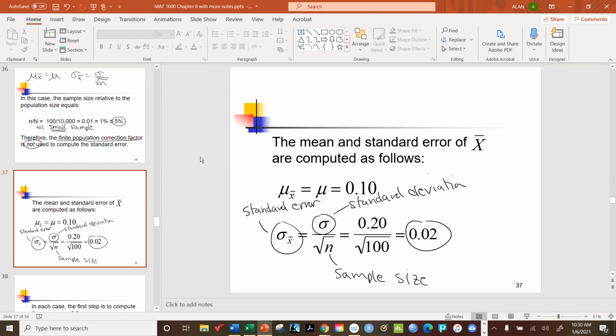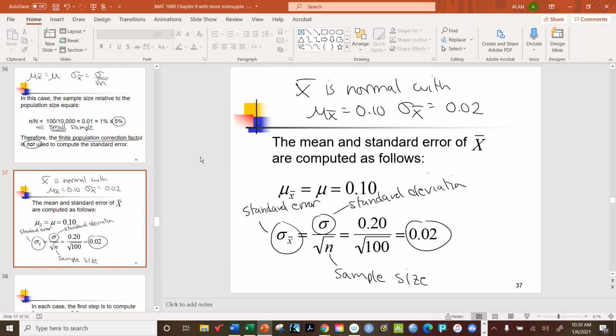All right, well now we know that X bar is normal with a mean of 10% and a standard error of 2%. And we can therefore now calculate these three probabilities just like we did in chapter 7.